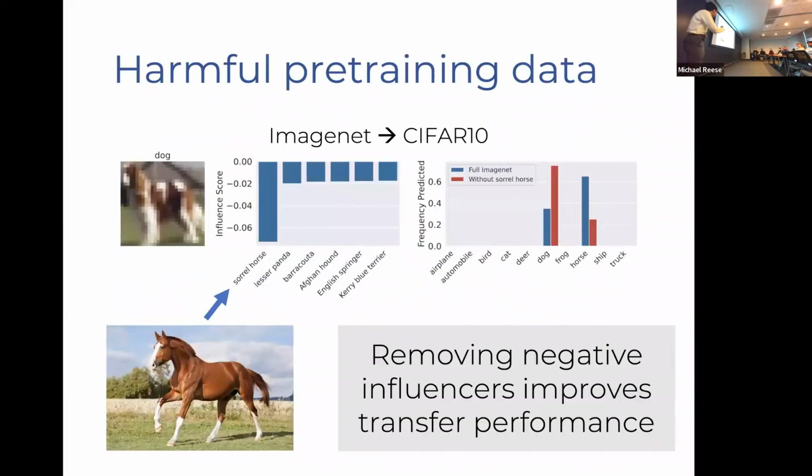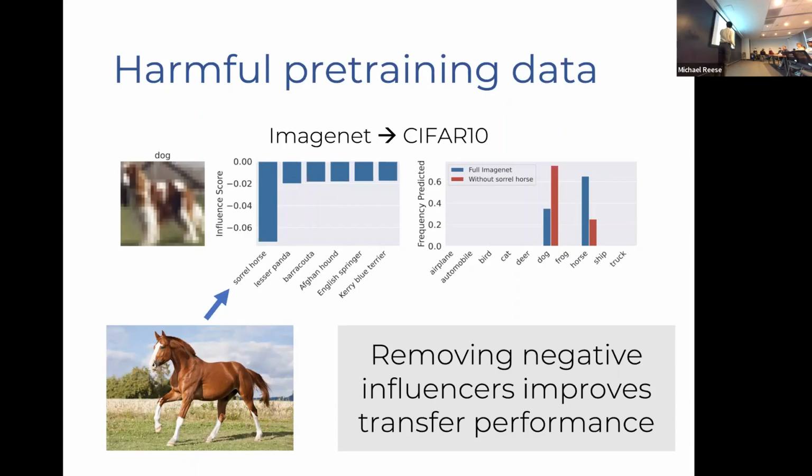So the first thing that it picks up is harmful training data. If you look at the negative influential data points, negative means that it reduced your accuracy, so these are harmful to some degree. If you look at the most negative influential data points in your pre-training data, you'll find there are quite a few that are significantly negative influencers.